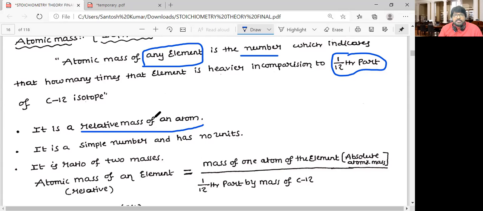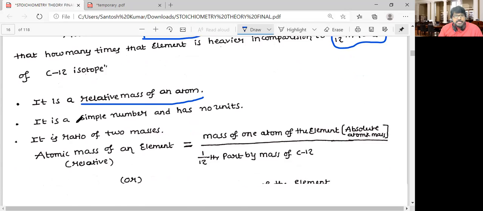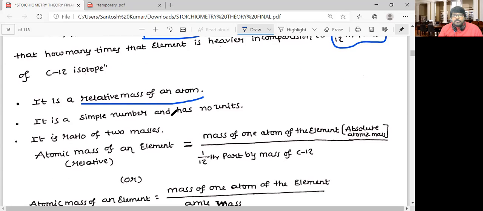It is not an exact mass, it is a relative mass. And it is a simple number and it has no units. When you say relative length, you are simply saying 150 times. When compared to 1/12th part of C12 isotope, oxygen is 16 times heavier, nitrogen 14 times, calcium 40 times, helium 4 times. Right? So it is a simple number and it has no units.